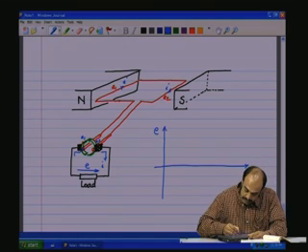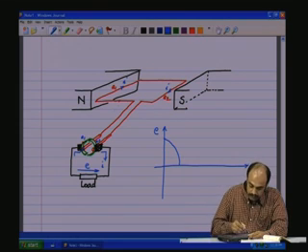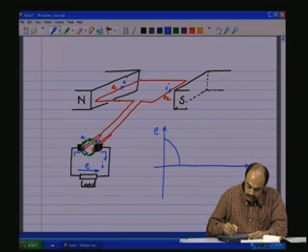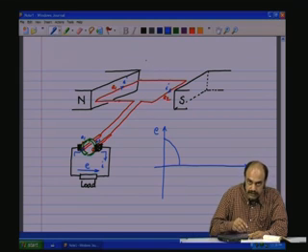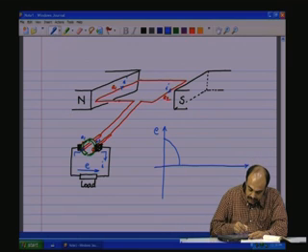So it starts with a peak like that, and then the moment it comes to 0 here, when it is on the orthogonal plane, flux is 0, and now on further movement the voltage would actually have gone negative, but here the other ring is now making contact with this brush.